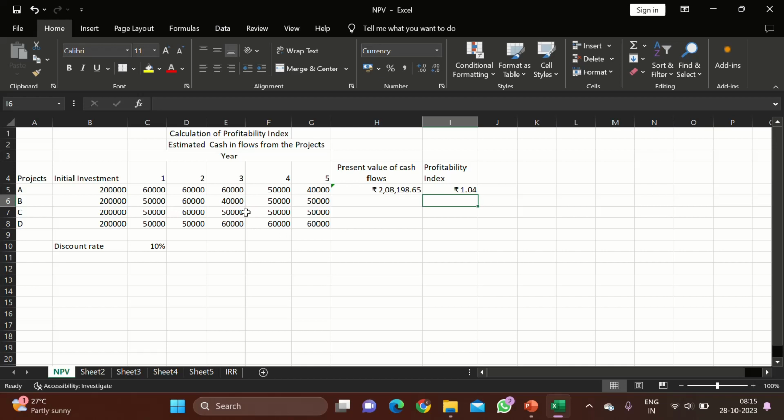Meanwhile, if you want to carry the same calculation to project B, project C, and project D, no need to retype the formula, simply we can drag it.